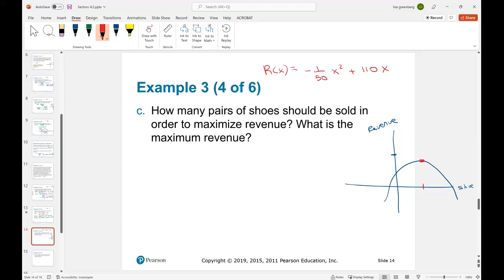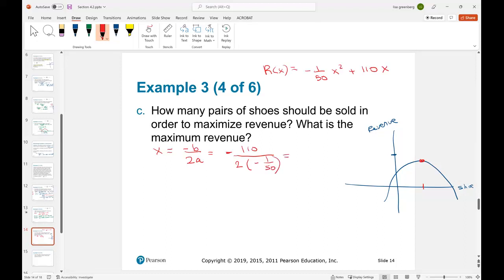So how many pairs of shoes? Well, that's the x value of my vertex. So I would just say x is equal to negative b over 2a, which is negative 110 over 2 times negative 1 over 50.